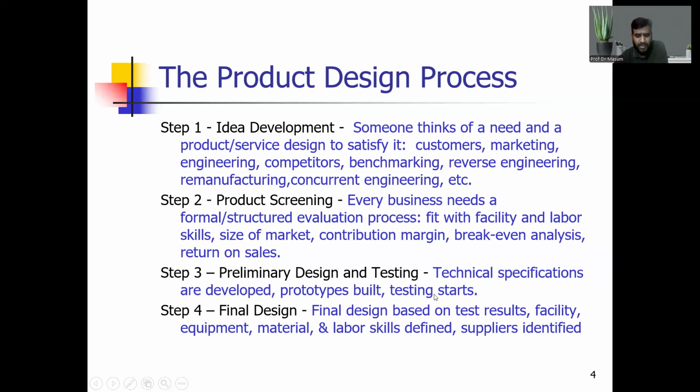In many big companies, almost all big companies, have their own testing centers. They test their preliminary design in their testing centers. I have visited many garments companies, and they all have their own testing centers.